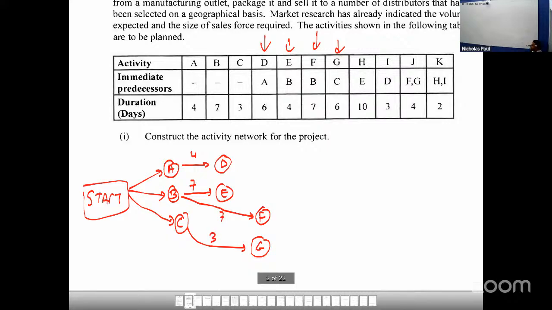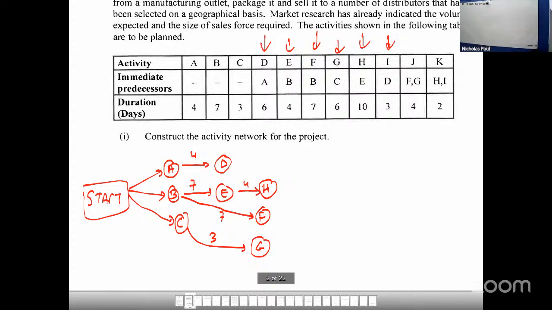So it gives you an idea of who is happening and how long it takes before that event happens. Look at H. H could only happen if E happens. Right? So after E, which takes about 4 days, H will happen. How long does it take for H to happen? It takes 7 and 4, 11 days for H to happen. Okay?